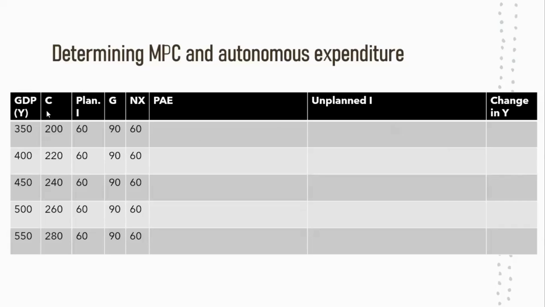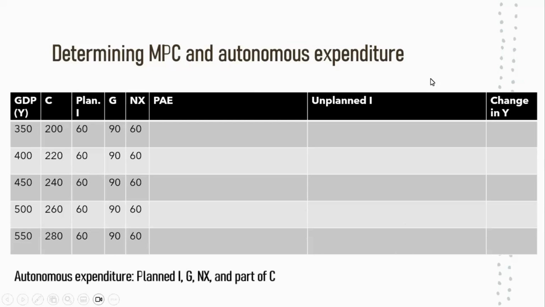We have GDP, C, which stands for consumption, planned investment, G standing for government spending, and X, which is net export, PAE, unplanned I, unplanned investment, and the change in Y. So first, we're going to begin just keeping in mind autonomous expenditure, which is planned investment, government spending, and X, and a part of C.